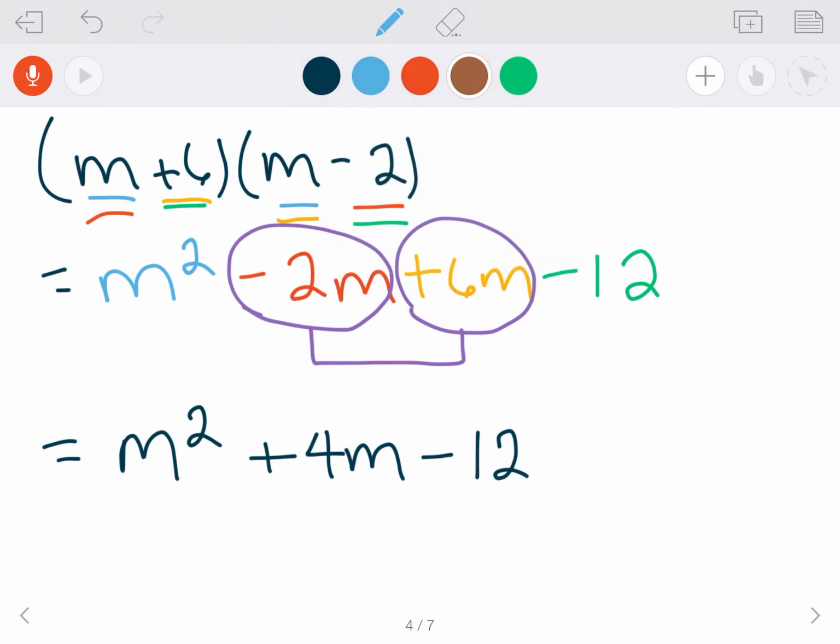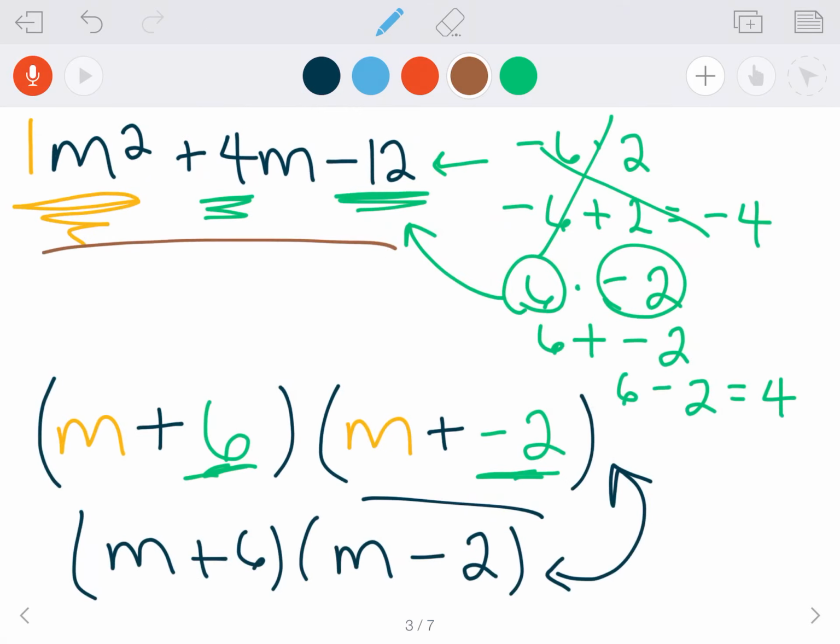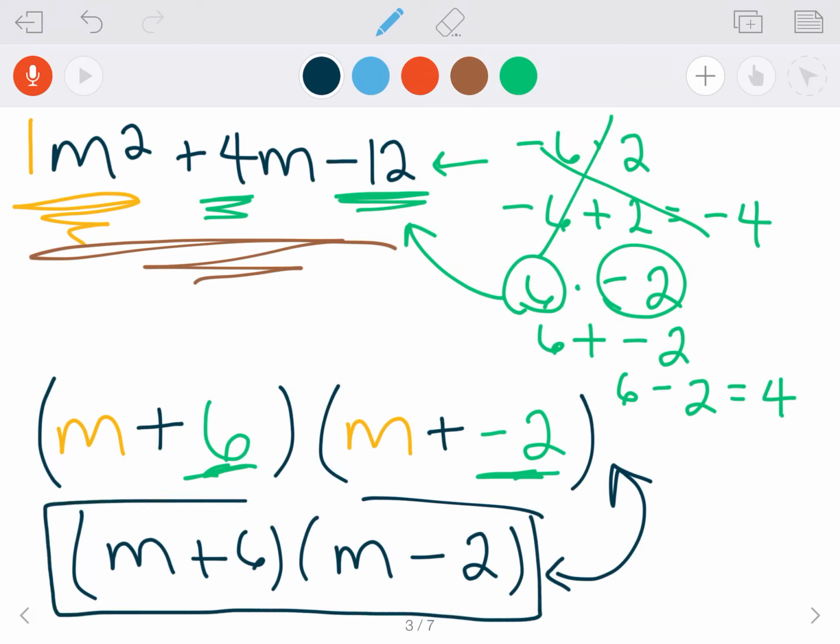Now let's check. Does this expression match this expression? Yes, it does. So that means that this factoring is the correct factoring, and that is the answer to the problem.